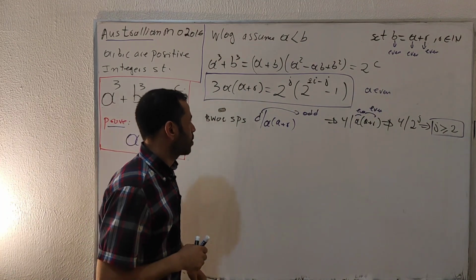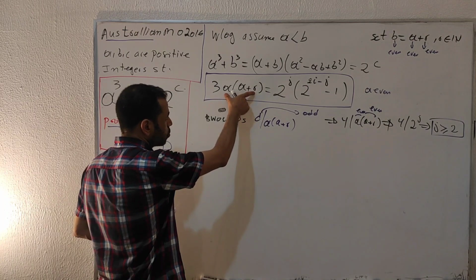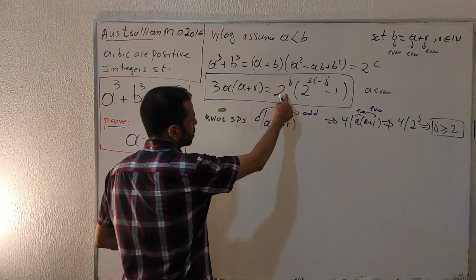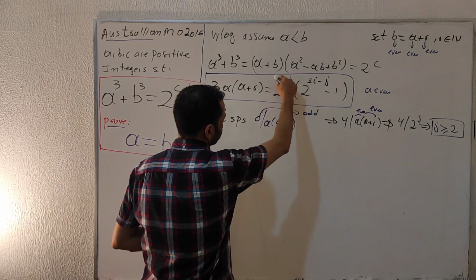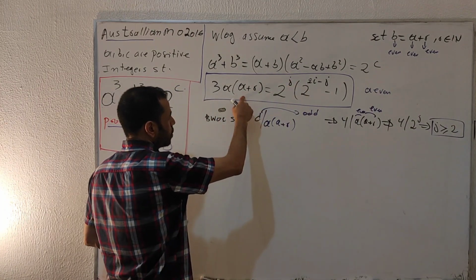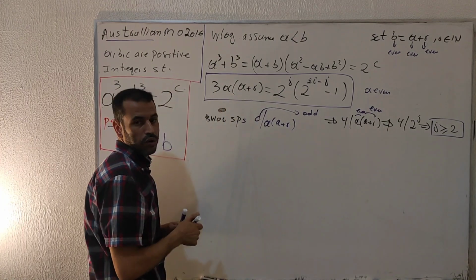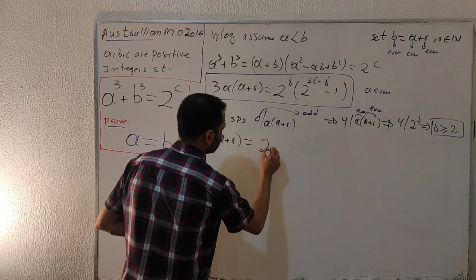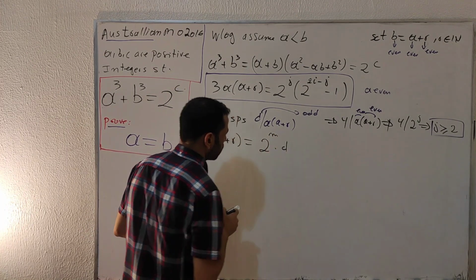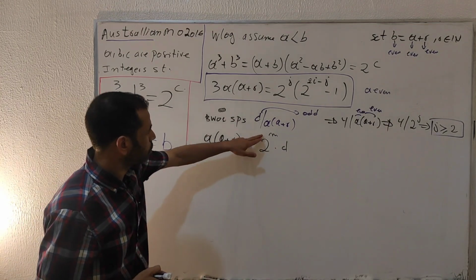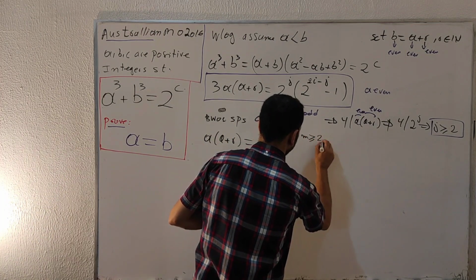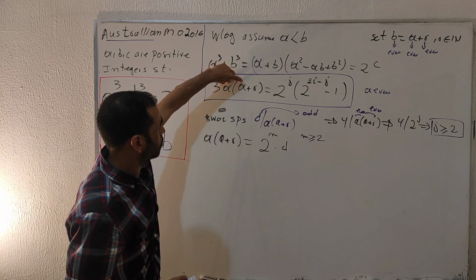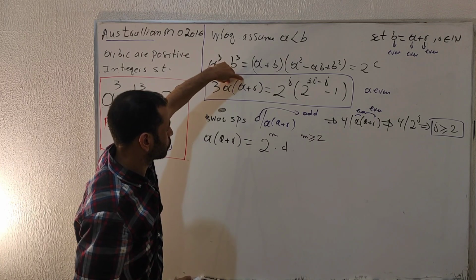Then the second thing I'm going to mention here: this term has an odd factor and the right hand side of this equation has a power of 2, so this term must be written in this form: a multiplied by e plus r equals 2 to the m multiplied by d, with m at least 2, because at least we have number 4 here as a power, because we have the product of two even numbers.